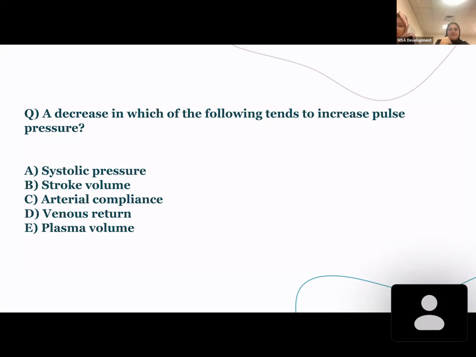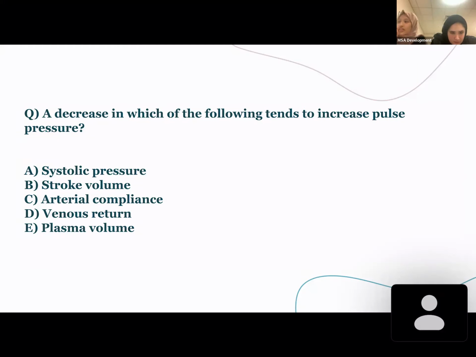Now the next question: a decrease in which of the following tends to increase pulse pressure? Again, hemodynamics. Which of these correlate to increased pulse pressure? A decrease in which increases pulse pressure.